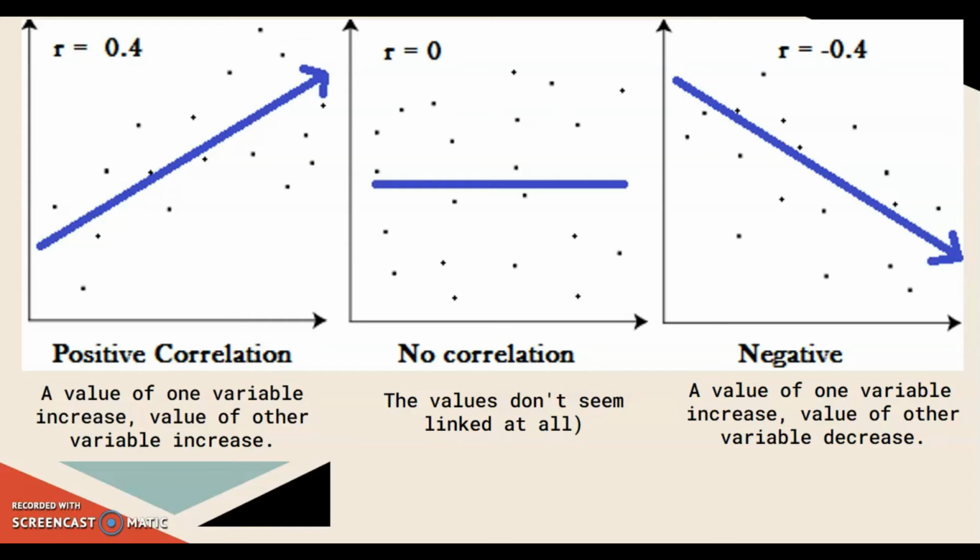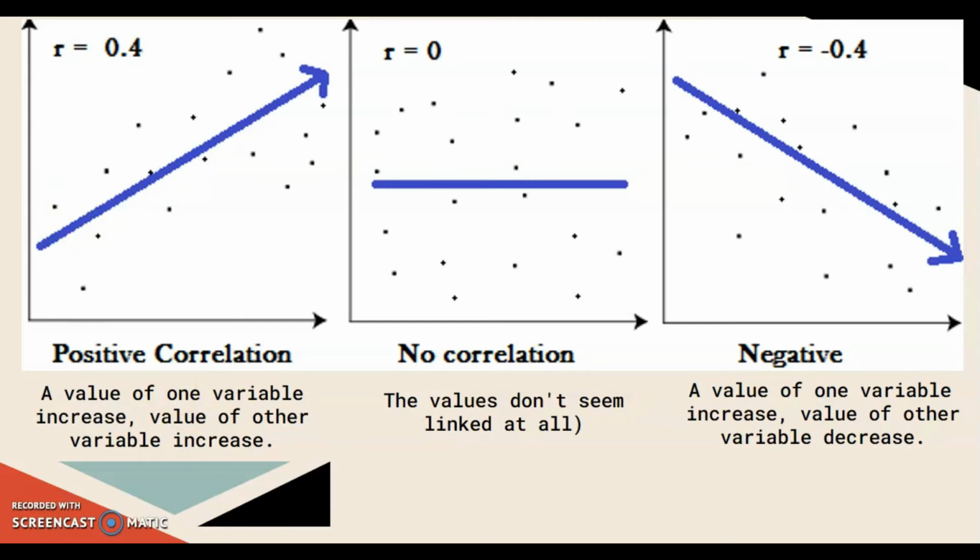So positive correlation: we can see here that if one variable increases and then the other one also increases, then it has a positive correlation. They go together, and the values of two variables increase together. This is the graphical representation of the positive correlation.